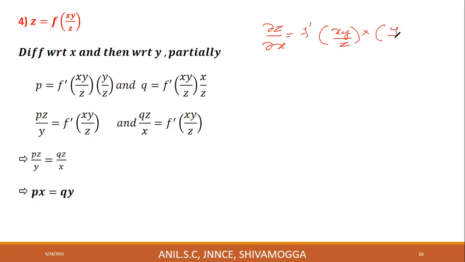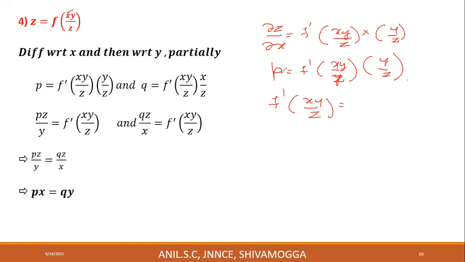That means y by z is constant, keep it as this, the derivative of x is 1. Therefore, del z by del x, that is p, is equal to f dash xy divided by z into y by z. Or this can be written as f dash xy divided by z is equal to p into z, that is pz, divided by y.